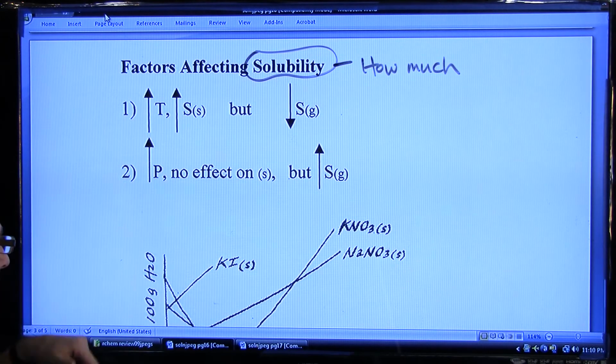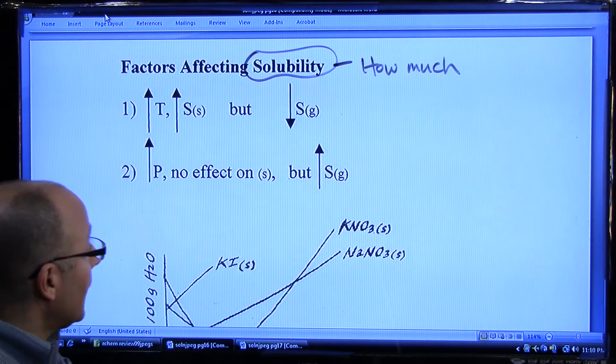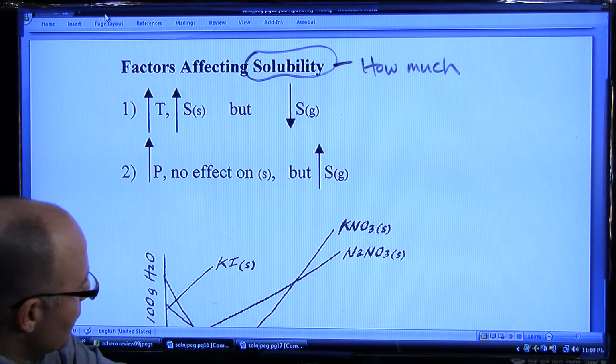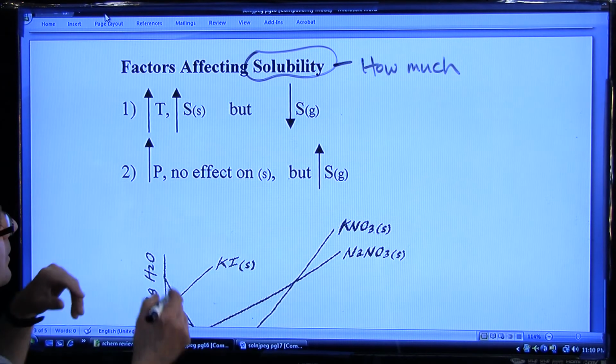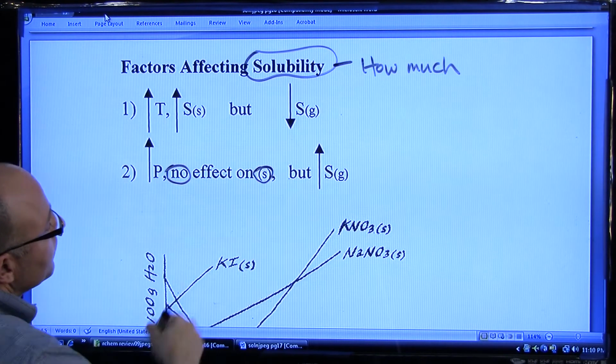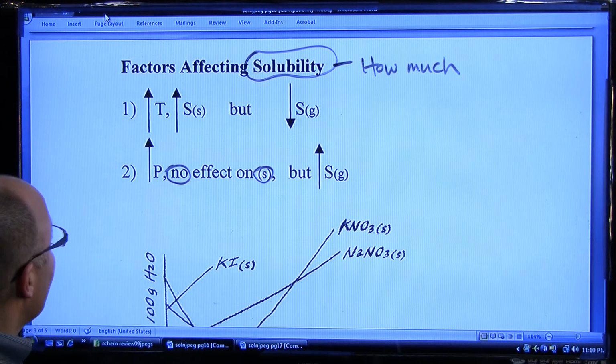And we're talking about solubility in water, if you look at Table G. And then when it comes to pressure, pressure has no effect on the solubility of solids, but an increase in pressure will increase the solubility of a gas.